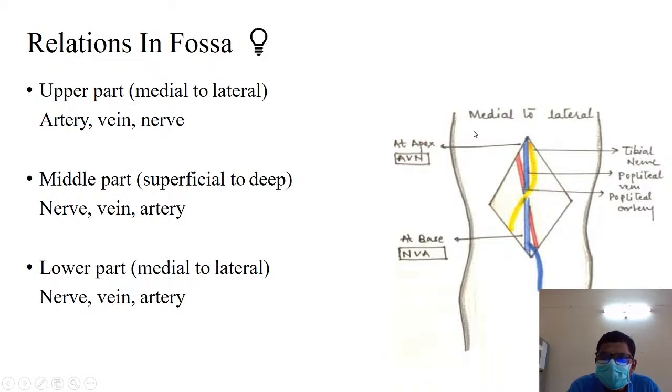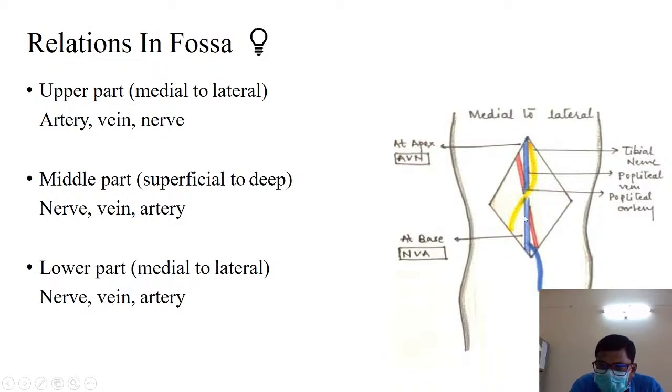Please remember, in the upper part of the popliteal fossa, this is the medial side and this is the lateral side. From medial to lateral, the arrangement is the artery, the vein and the nerve. The artery is the popliteal artery, then the popliteal vein and the nerve.